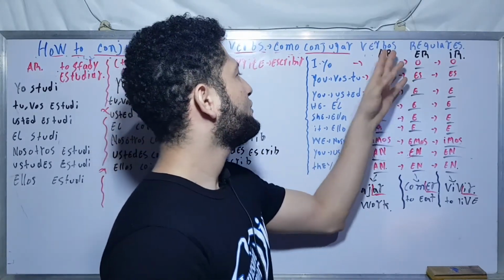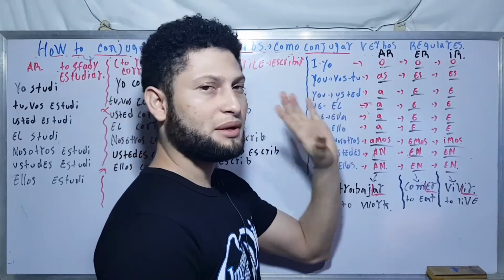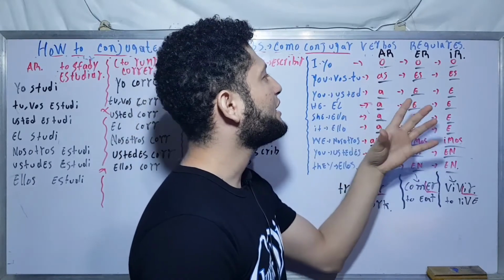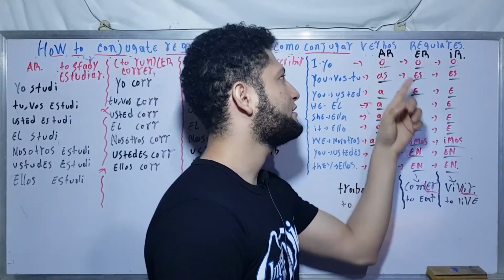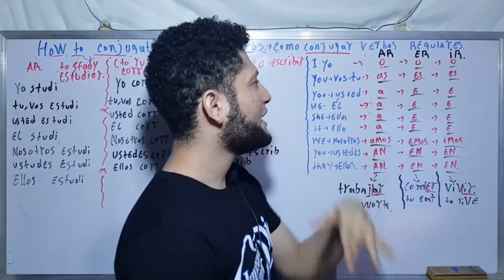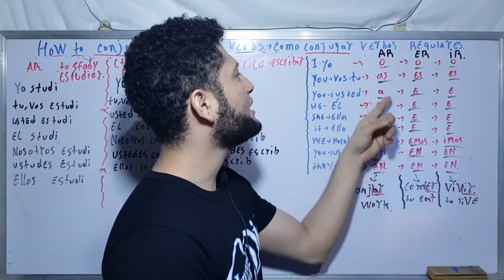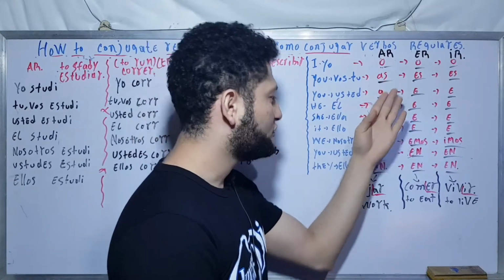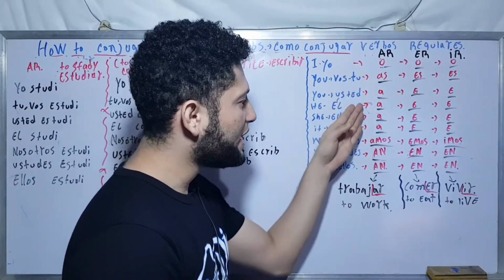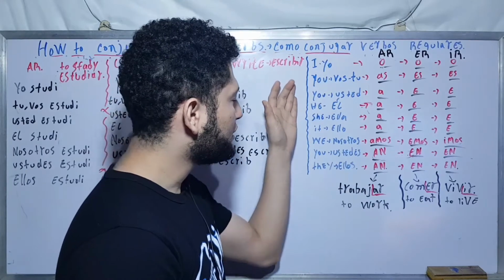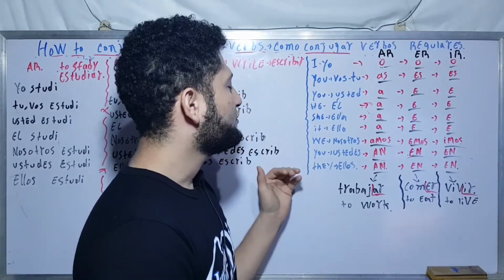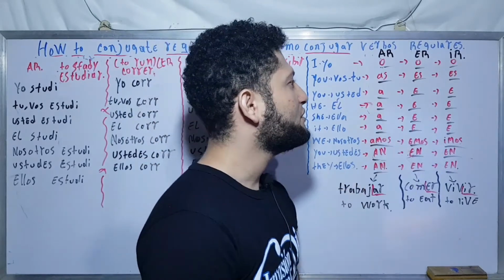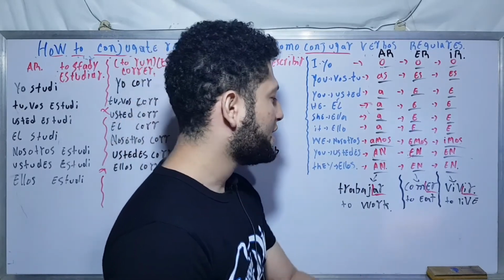For the first person singular, remember that you need to remove the entire ending R and add O, for the second person add AS, and so on. This is the pattern that you need to follow. Those are all of the subject pronouns, and it's the same for the second and the last one. And that's it.